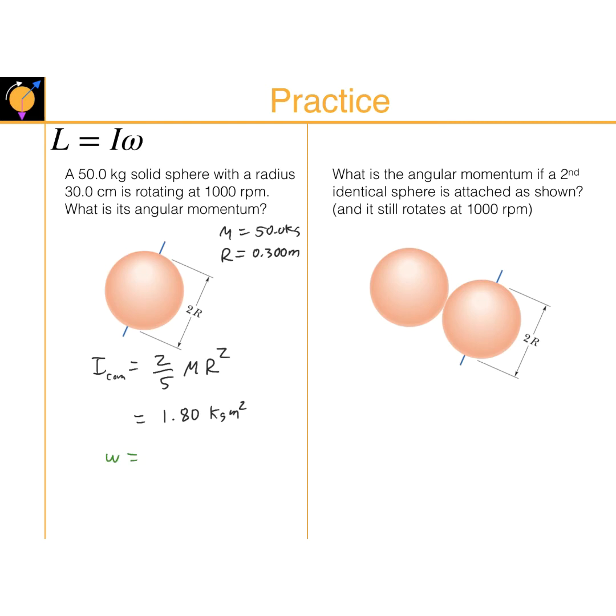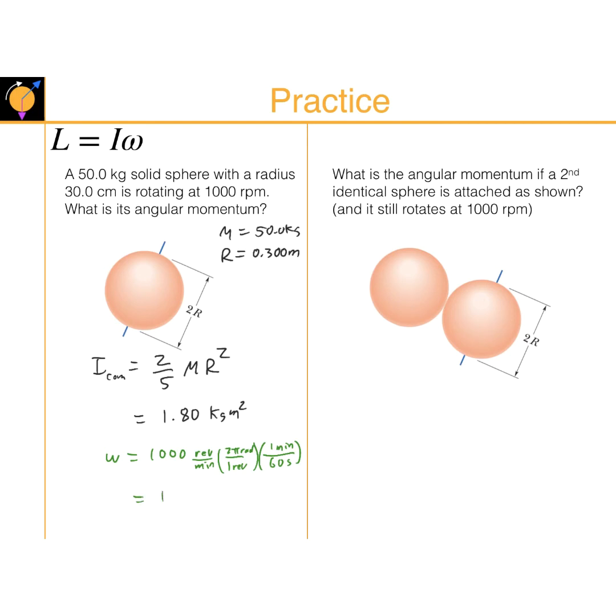We also need our angular speed, right? And it's given as 1,000 RPM. So 1,000, that's revolutions per minute, right? But we want to put that in radians per second. So let's see, what's one revolution? Well, that's 2 pi radians. And then we want to convert minutes to seconds. So 1 minute is 60 seconds.